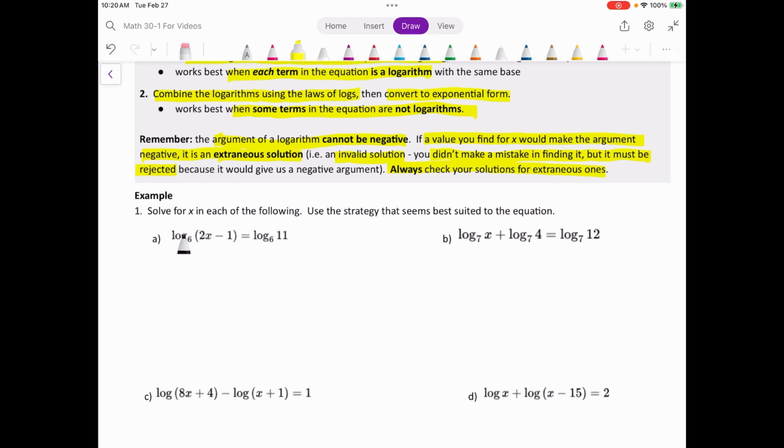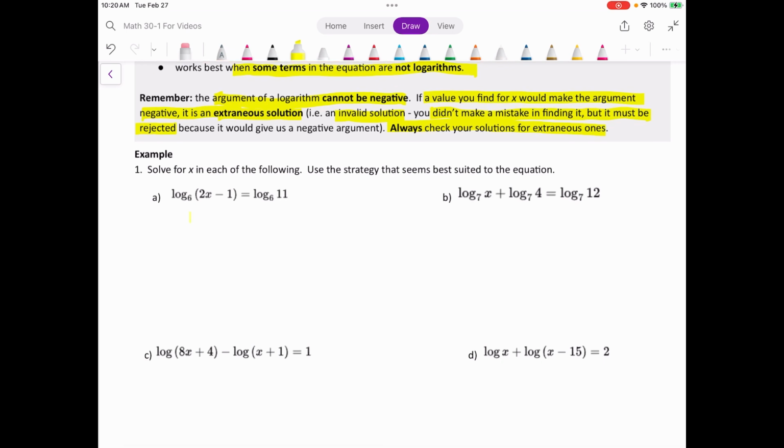Right? How could log base 6 of this be the same as log base 6 of that if this and that aren't just the same thing? Right? So we can just say 2x minus 1 is 11. It has to be.